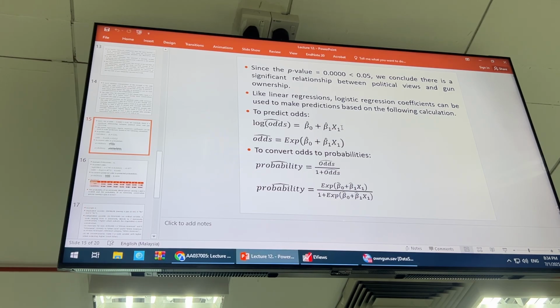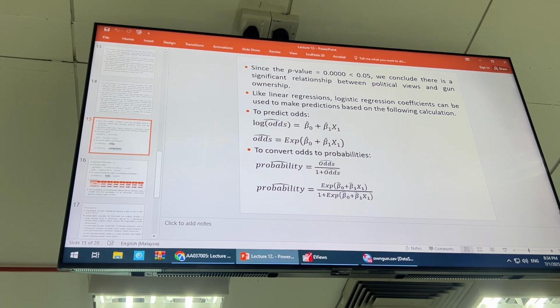To get the prediction of odds when x equals a certain value, you have to anti-log this using the exponent. Again, the fitted value represents the predicted log odds when x equals a certain value, and the predicted odds when x equals a certain value is the exponent of this.